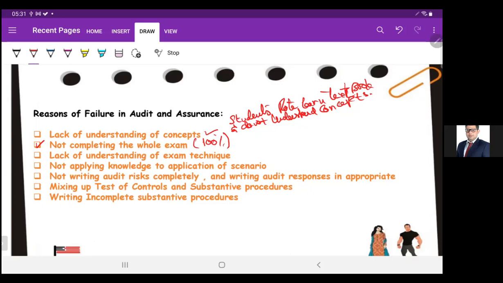Now, you might be wondering, sir, I already know that, what's new in it? Let me tell you one secret, which one of the ACCA examiners told me once.